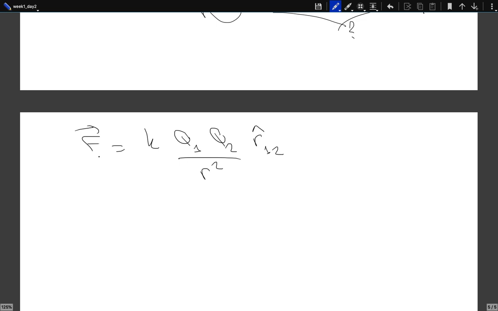Let me use this notation. This is the force acting on charge 1 due to charge 2. Let me write it also over here: this is the force acting on Q1 due to Q2.